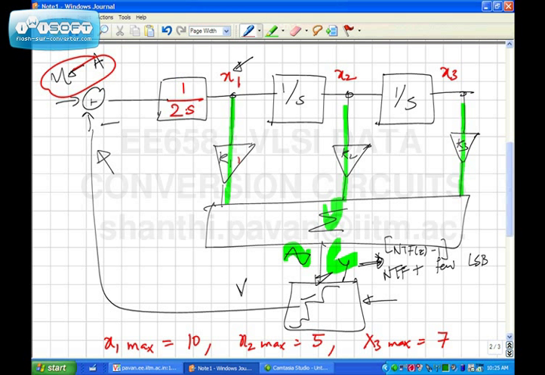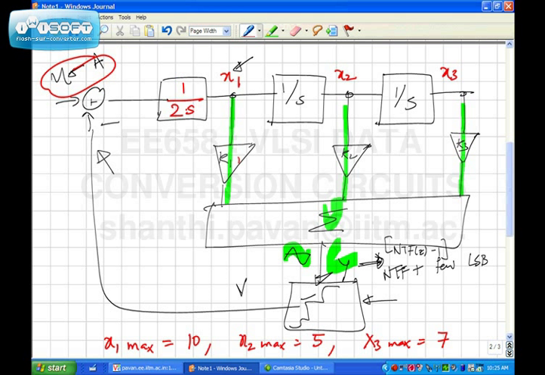Yes? Okay, but now if I just made this 1 over 2s, what will happen to the loop filter transfer function? The loop filter transfer function is clearly changed, because earlier you wanted k3 by s cube, but you're getting only 1/2 of k3 by s cube. Correct? And if the continuous time loop filter changes, the sampled version changes, which means that the noise transfer function changes. I do not want to change the noise transfer function, but I want to scale down the state variable.